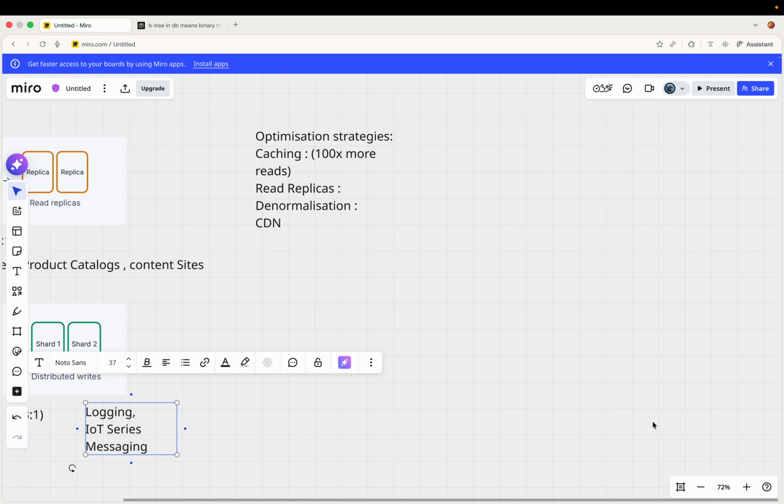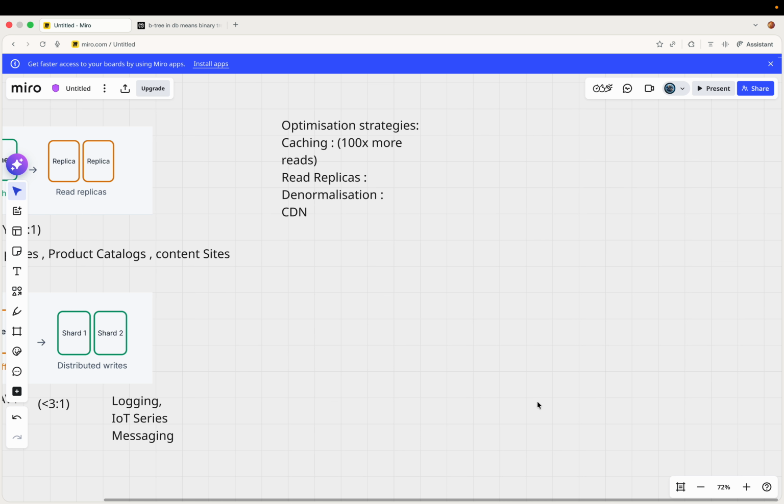Don't confuse this messaging with Instagram. Instagram is not primarily built for messaging, it's for content viewing. YouTube and all these come under read heavy systems. Normal WhatsApp comes under messaging, and that comes under write heavy systems.